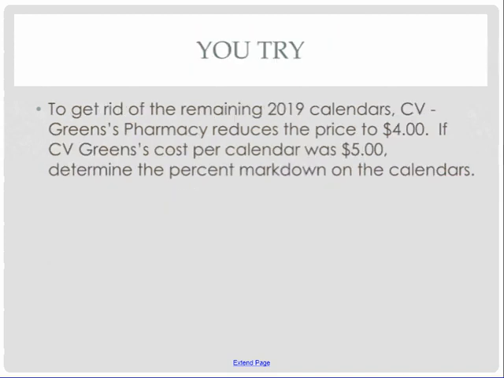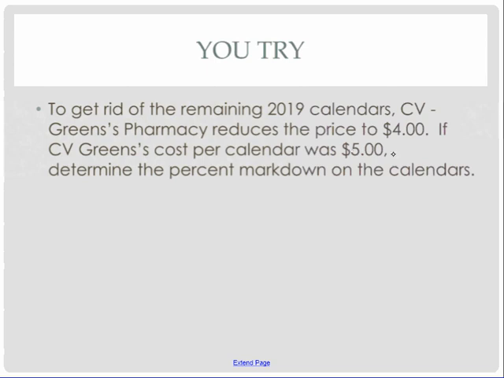Why don't you try it? This one's a little bit different. But at the end of the year, people go through and they try to discount things. Whenever, like in February or March, everyone's already bought their calendars. And so now these companies are just trying to recoup whatever losses they can.